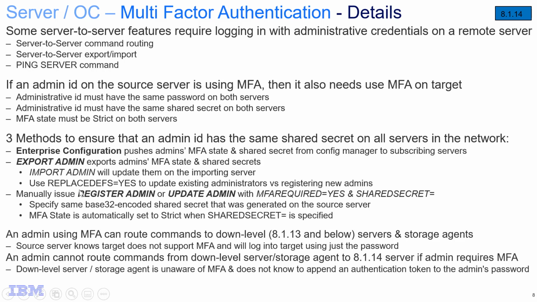You can use replacedefs=yes to update existing administrators versus having to update or register those new admins. The third method is you could manually issue register admin or update admin with MFA required=yes, shared secret=, and then update that on the secondary server.